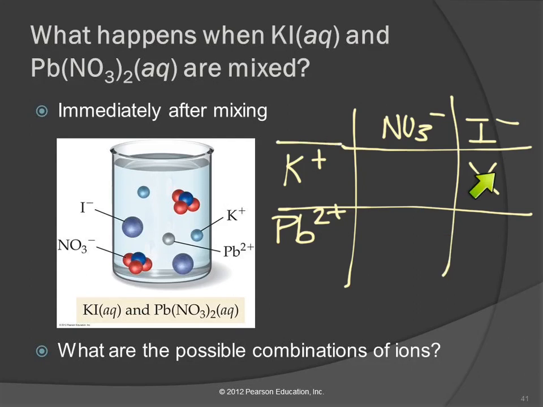This combination between potassium and iodide is not going to make a solid, right? Because that's one of the reactants. It was soluble. And this isn't going to make a solid, the lead and the nitrate, because that was one of the reactants. It dissolved in the water. So that yellow solid must be either potassium with nitrate or lead with iodide.